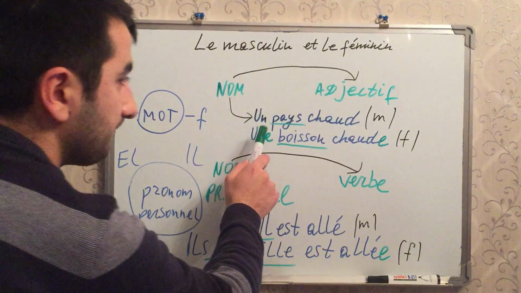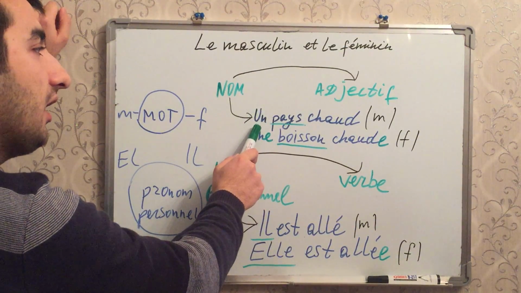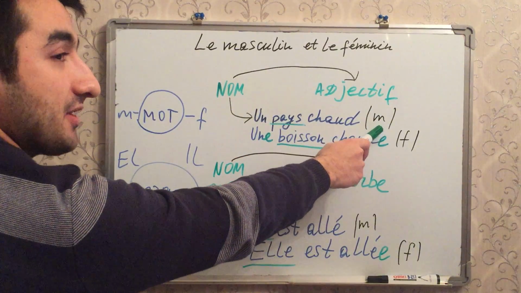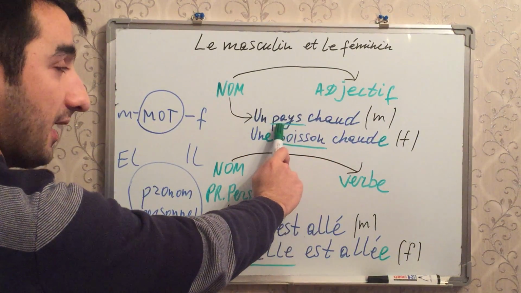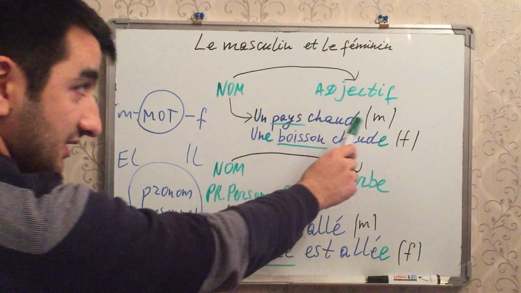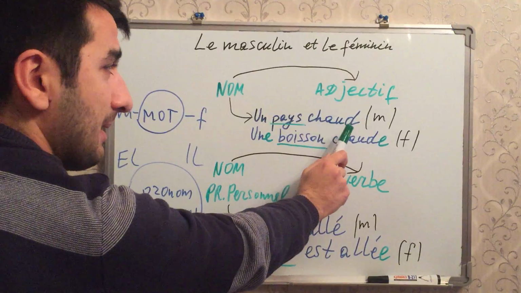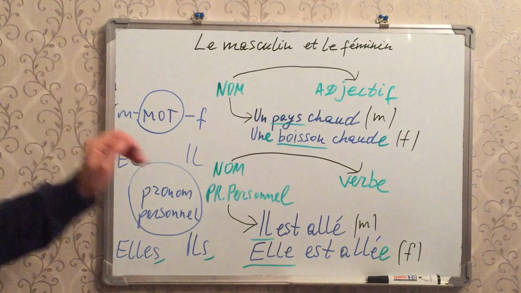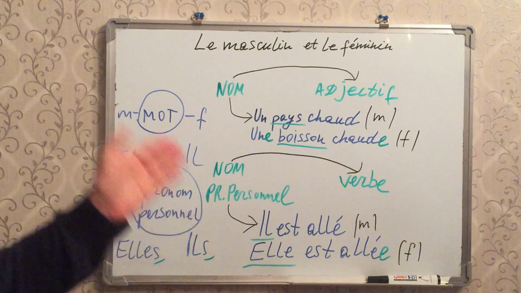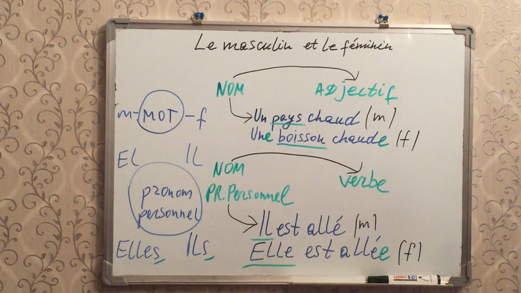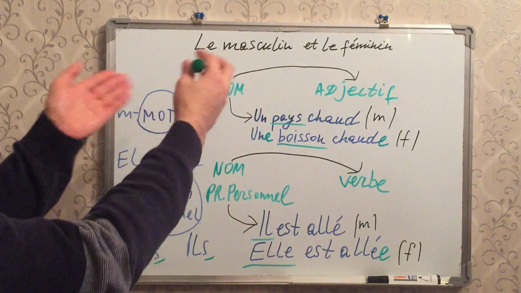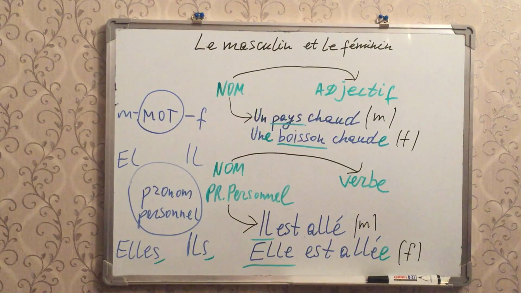Okay, you see here the article un is in masculine form. The word pays means a country is in masculine form, and chaud has been used in masculine form. Okay, both article and a word, also an adjective have been used in masculine form. Okay, so this sentence is correct from the point of using a gender in a sentence.